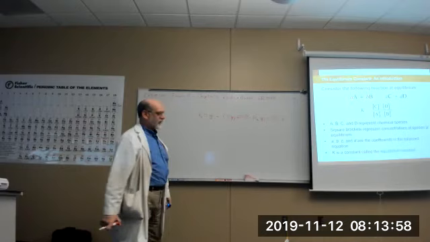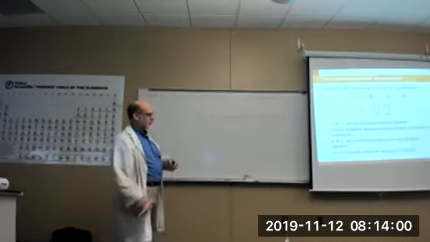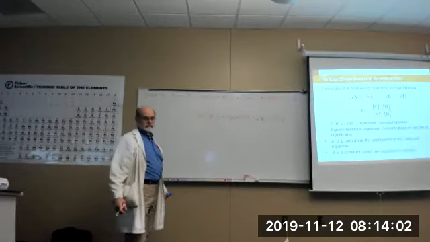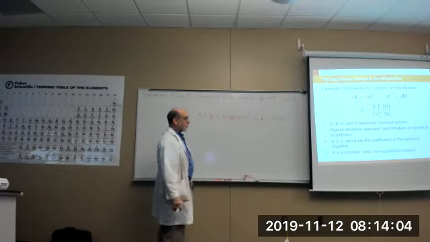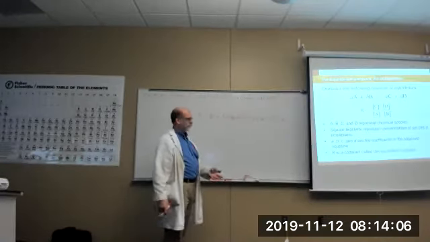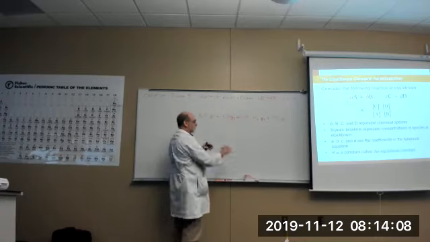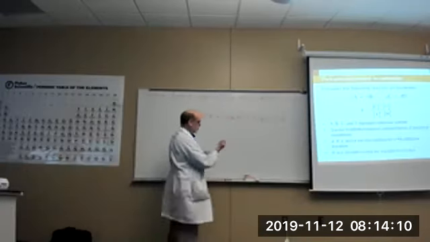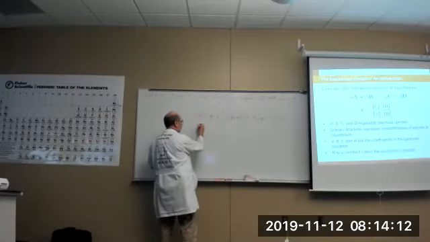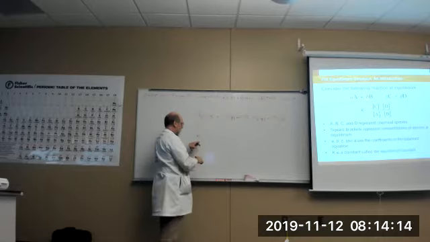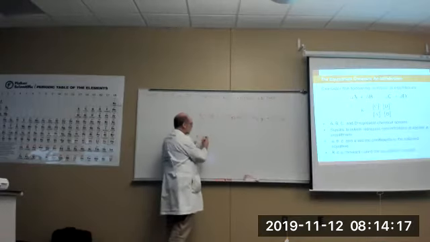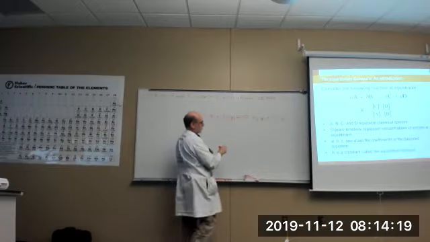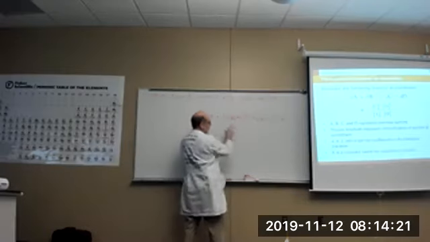Now, we have a mathematical expression for this equilibrium, and it will be equal to a constant value. And for every reaction at a given temperature, that constant value is equal to this expression. So I'm going to use these as an example.